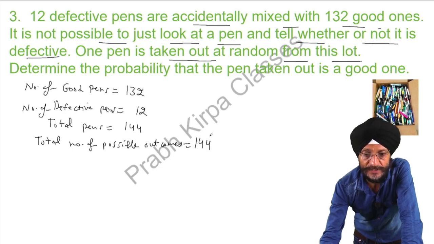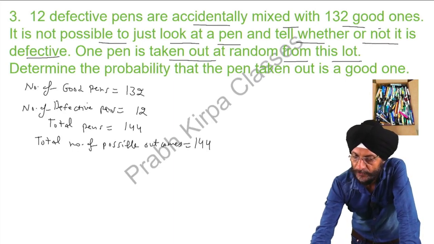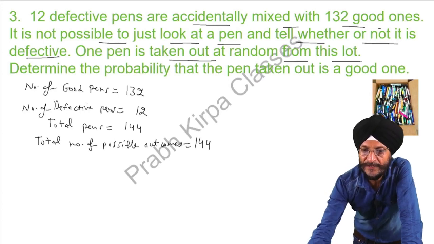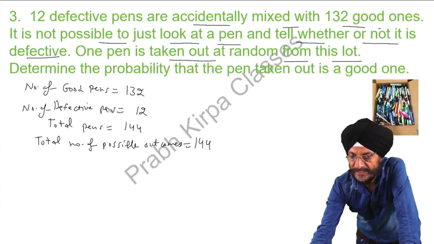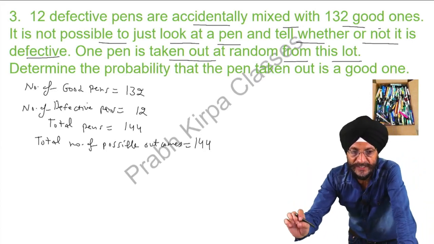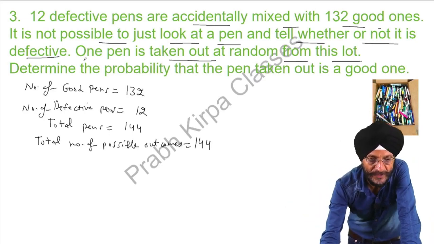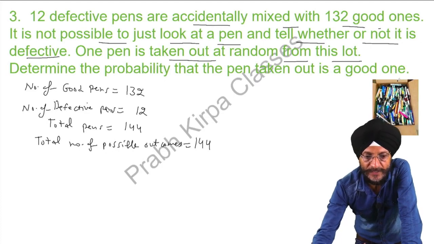Now what is the question? One pen is taken out at random. From out of these 144 pens, we are to pick up one, because by looking at it, we cannot tell whether this pen is defective or in working condition. Determine the probability that the pen taken out is a good one.